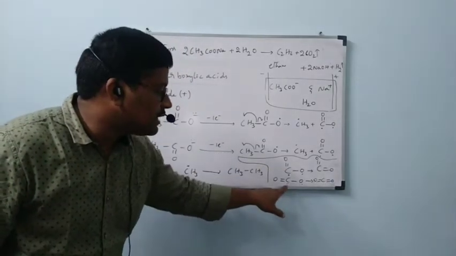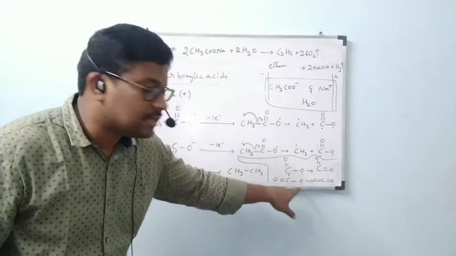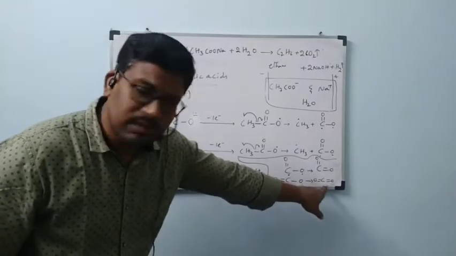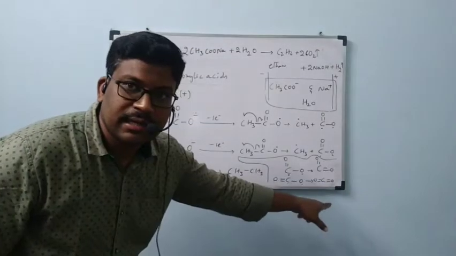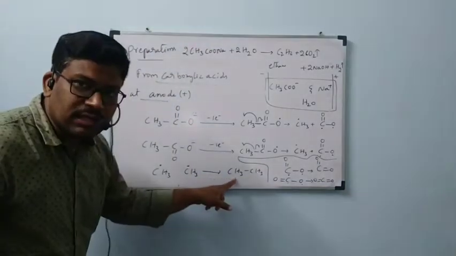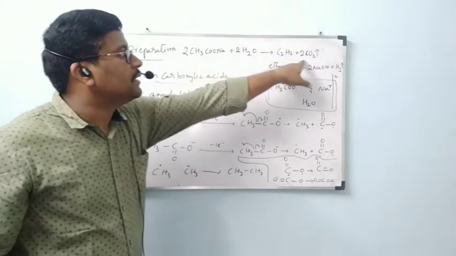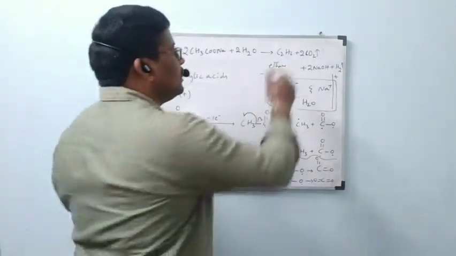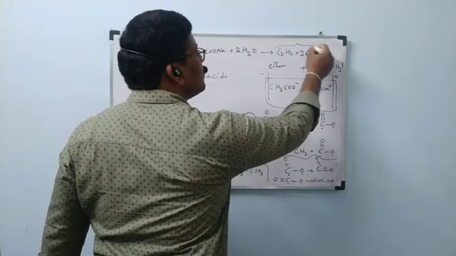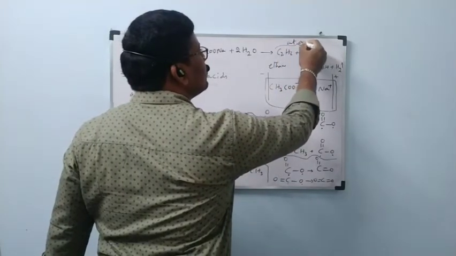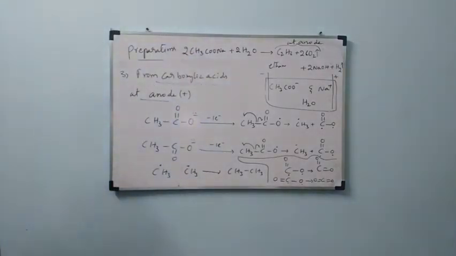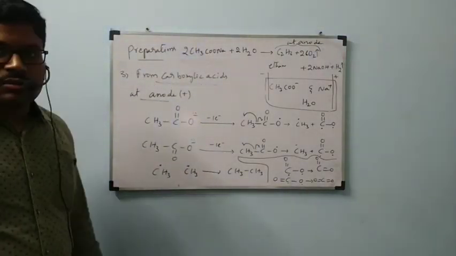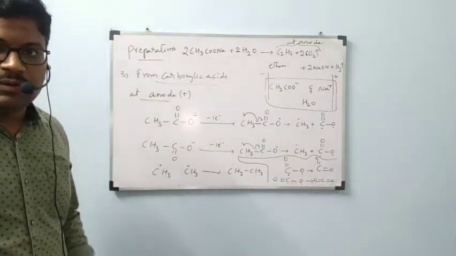Same, this carbon has an unpaired electron and oxygen has an unpaired electron to be involved in a pi bond to form carbon dioxide. 2 moles of carbon dioxide and 1 mole of ethane are formed at the anode. These two are the products obtained at the anode. In the overall reaction, those two are the products which are obtained at the anode.